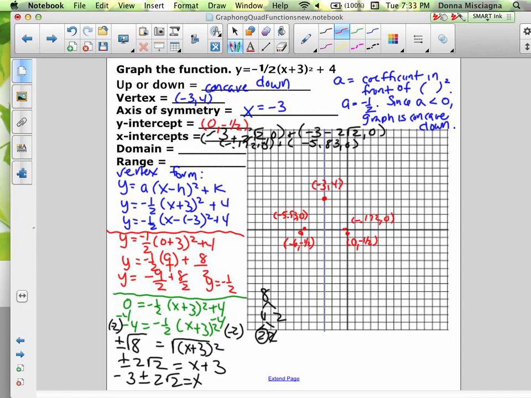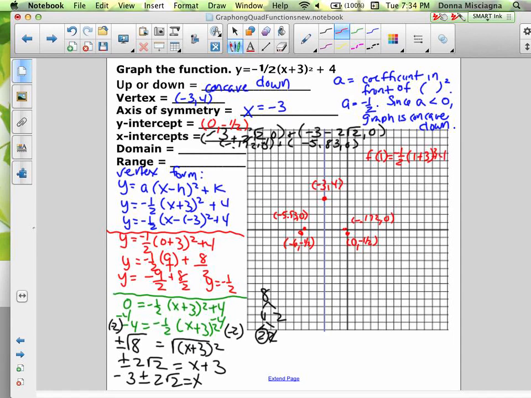If you ever think this is not enough points, you can always plug in another point and get another value. So for instance, what if I plugged in a 1? All right, so if I wanted another point, if I plugged in a 1, so f of 1, I'd have -1/2 times (1 plus 3) squared plus 4. Let's say I didn't feel comfortable with just those points.